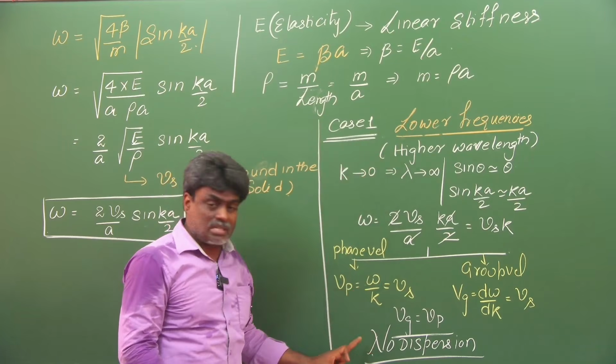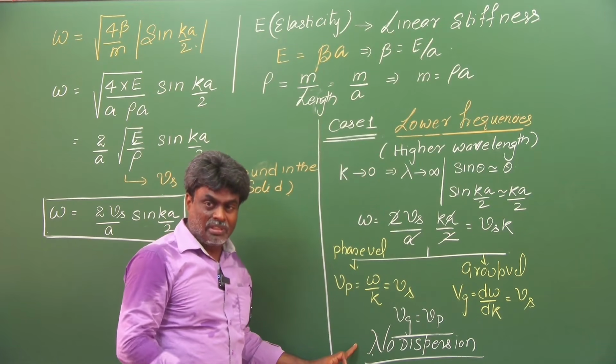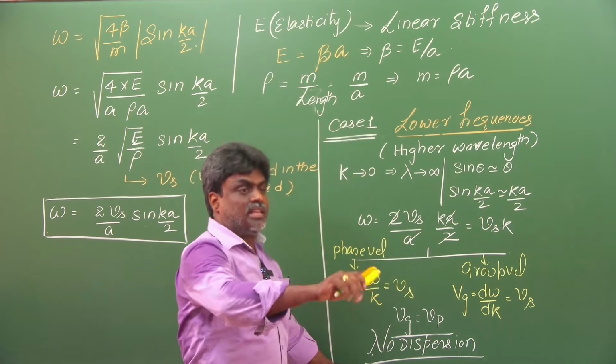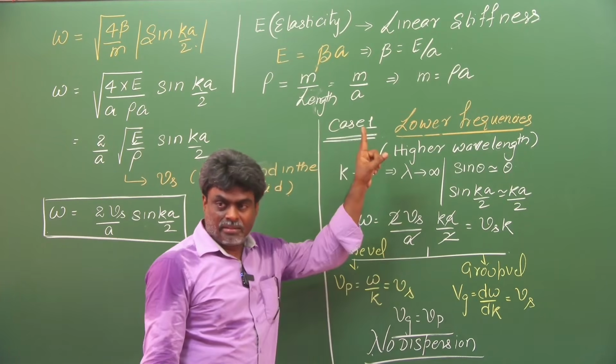I hope everybody understands the meaning of dispersion and no dispersion. Hence, what is the conclusion? The discrete nature of the lattice is not important for lower frequencies.